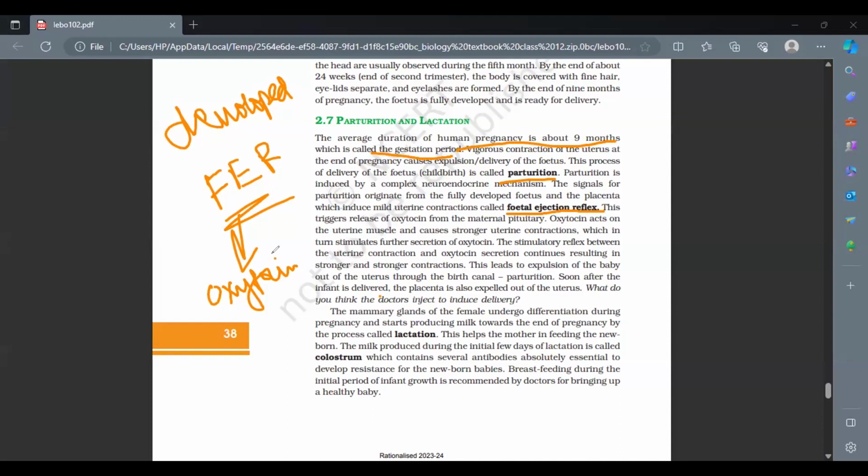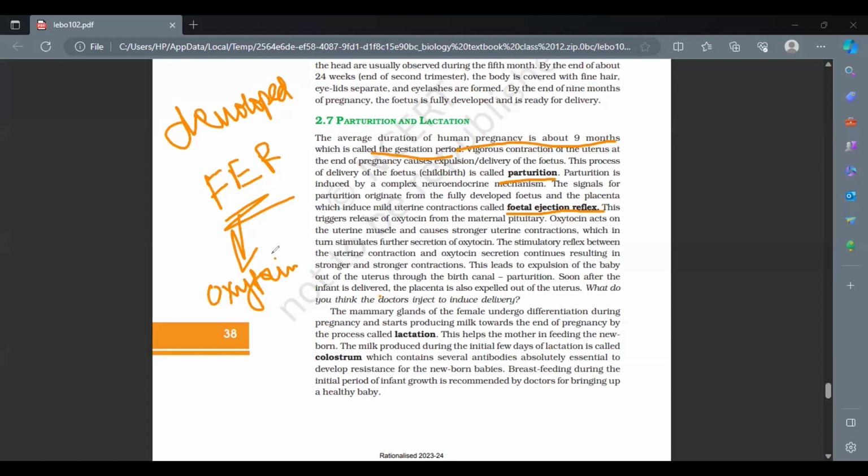Then these mild uterine contractions send signals to the mother's pituitary, which releases a hormone called oxytocin. Oxytocin keeps increasing the contraction, stronger and stronger, and that's how the baby's expulsion happens. That process is called the parturition process.